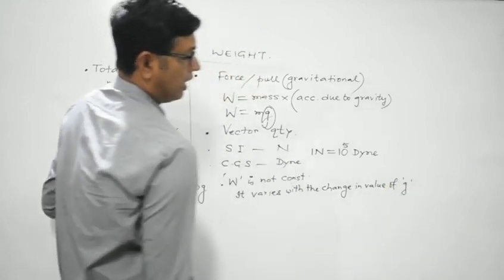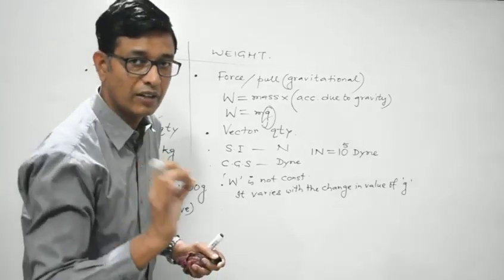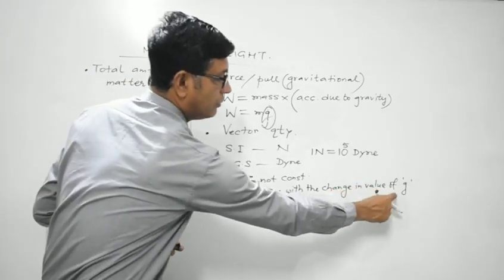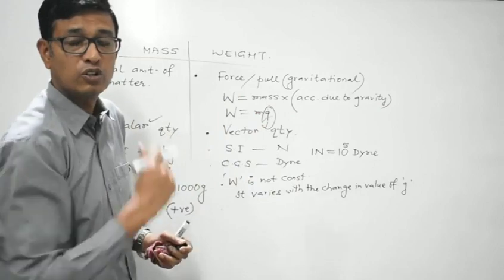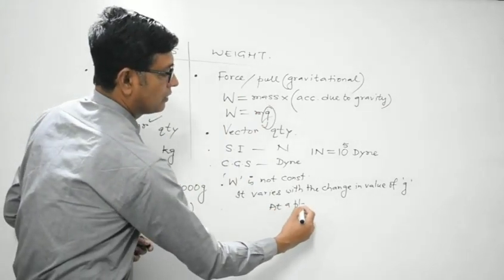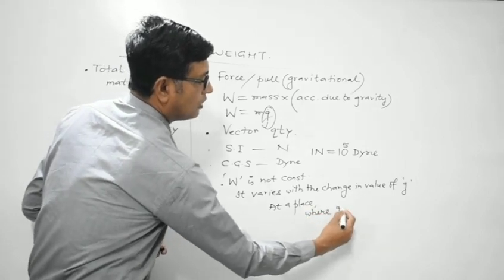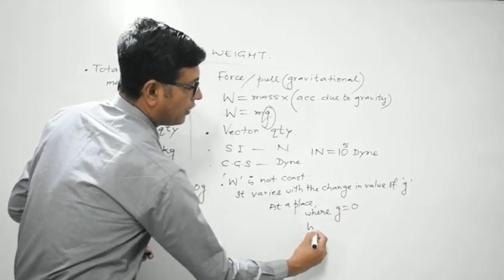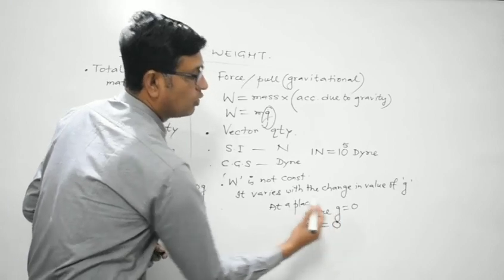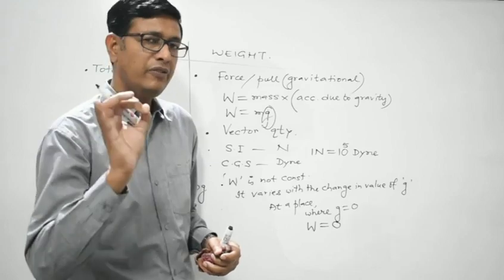Look, at a place where the value of g becomes 0, g being the acceleration due to gravity, the weight of the body will also become 0. So if at a place small g is equal to 0, then weight of any body would also be equal to 0. And here I must mention a very important fact.